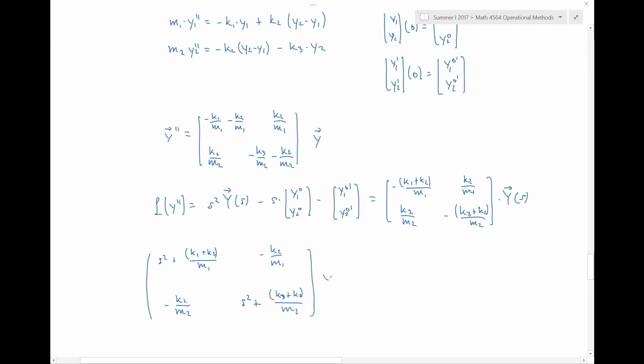This is what Y of s is multiplied by. And this is going to be equal to s times y1 naught plus y1 naught prime. And on the bottom, s times y2 naught plus y2 naught prime.